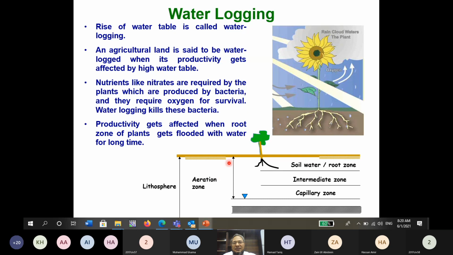Now you see this is the aeration zone of the soil, and this is the root zone. This is a plant, and if the water table comes here into this root zone and disturbs it, then water will remain for a long time in the root zone of the crops or plants, and that is called waterlogging.